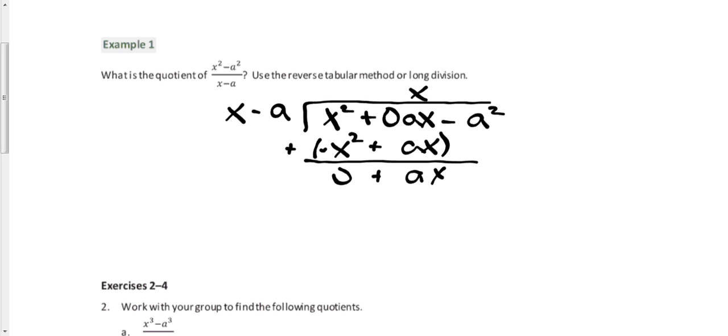All right. So then I bring down my minus a squared. Now I see that look. How many times, Stephen, does x go into ax? What do I have to multiply x by to get me ax?